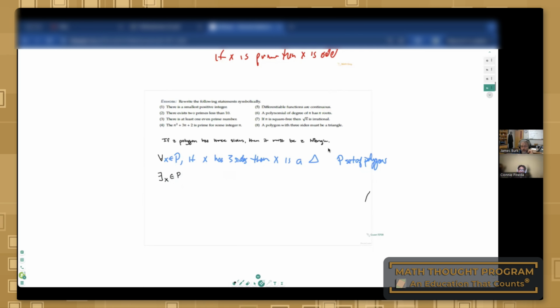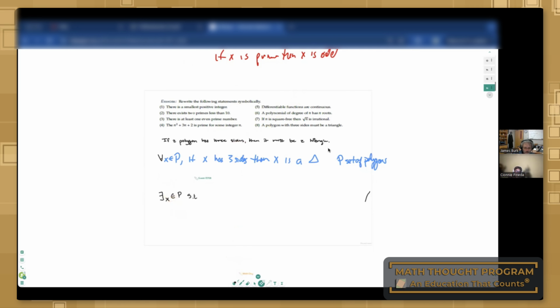Yeah, you can say "such that". I wouldn't change the rest, right? I'd just say there exists an X in a set of polygons such that, if it has three sides, then it is not a triangle. Well, let's put a nice intermediate step up here then.